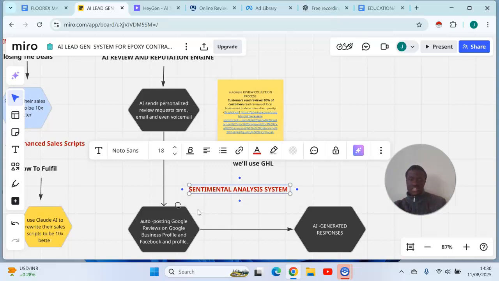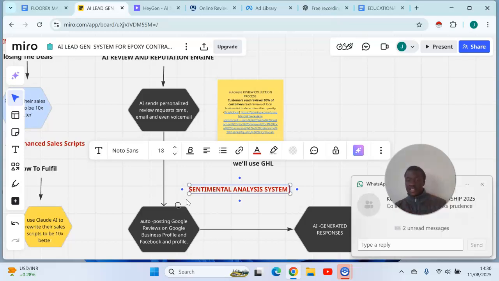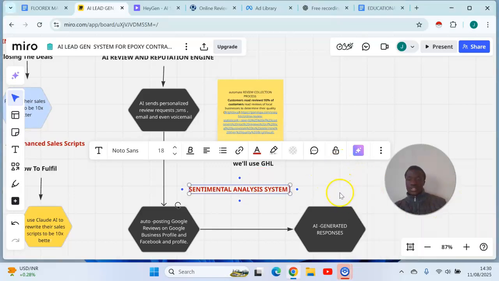On the other side, for the positive reviews, we are going to integrate your Google business profile, your Facebook and your website within our CRM. So the moment the automatic review request is sent to your client after the job, after maybe you've completed the garage installation and your client is so happy, the positive review is automatically auto-posted on the Google business profile.